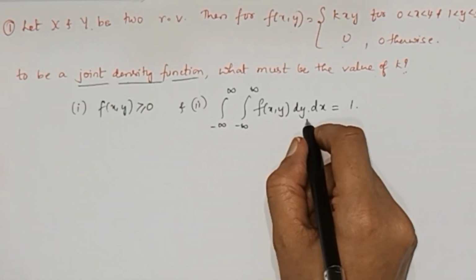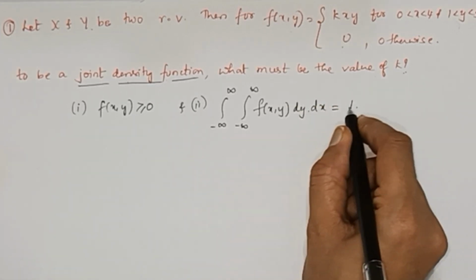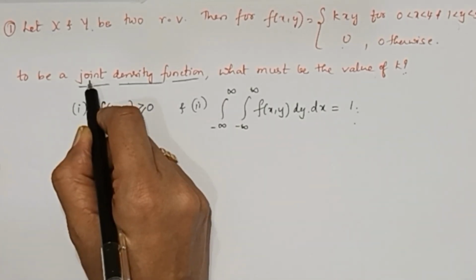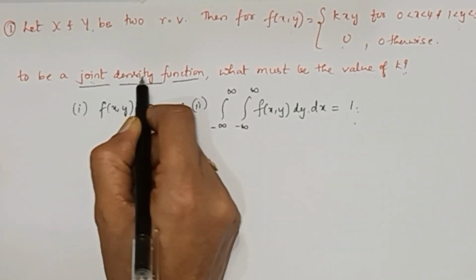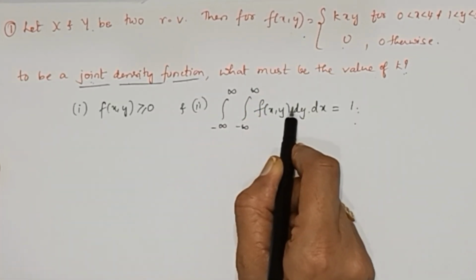Sum of all probabilities over all real values of x and y must be equal to 1. So let us make use of this because it is already given, it is a joint density function. So if it is a joint density function, it satisfies these two conditions.